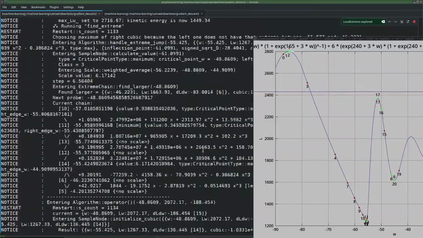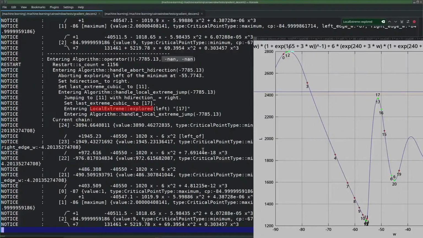Gotta be kidding me. It's not explored to the left. Why would this one not be explored to the left? Oh, right. Yeah, because we did not find a minimum on this side. Well, it goes to minus infinity, but I'm not counting that as a minimum. So that's funny. So we go here, we jump back, and then we want to find the maximum, which already exists, and then we want to find the minimum, which fails, because it goes to minus infinity.